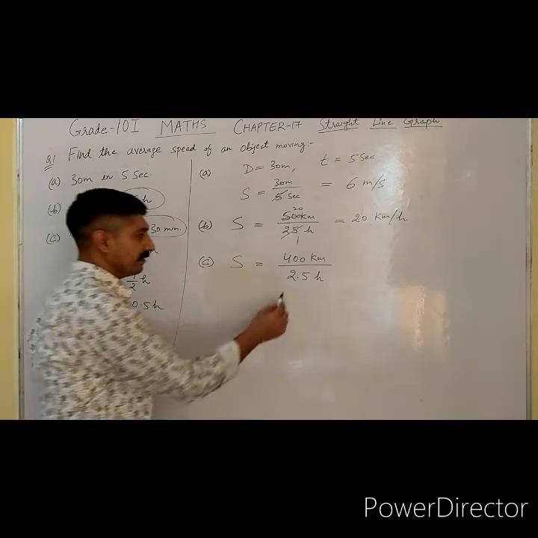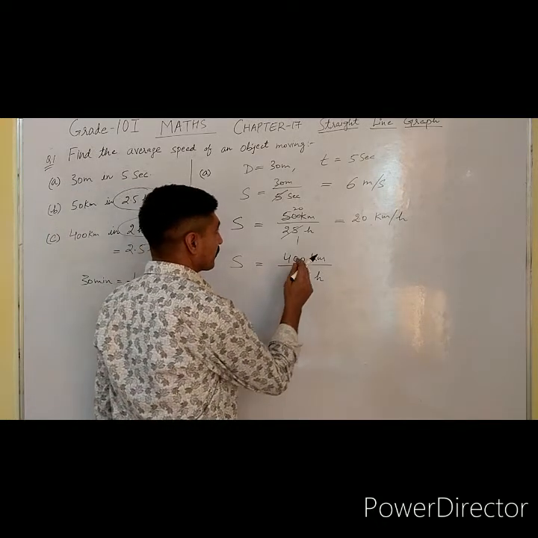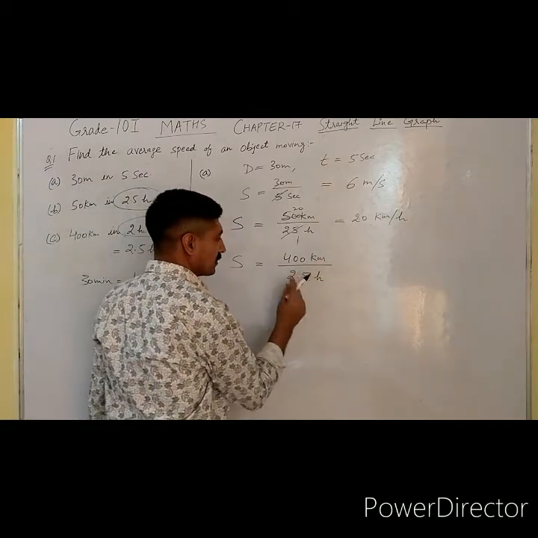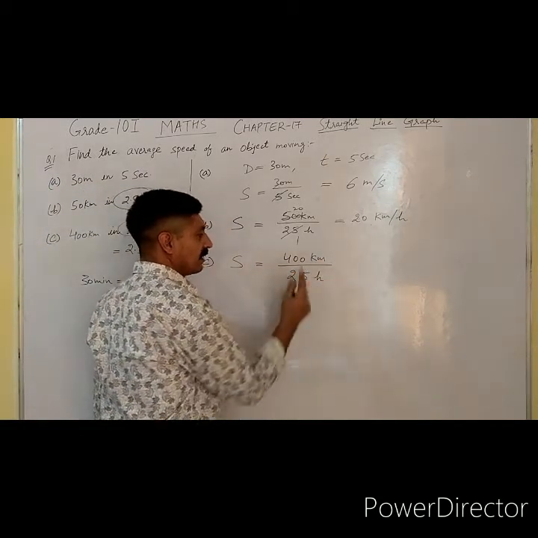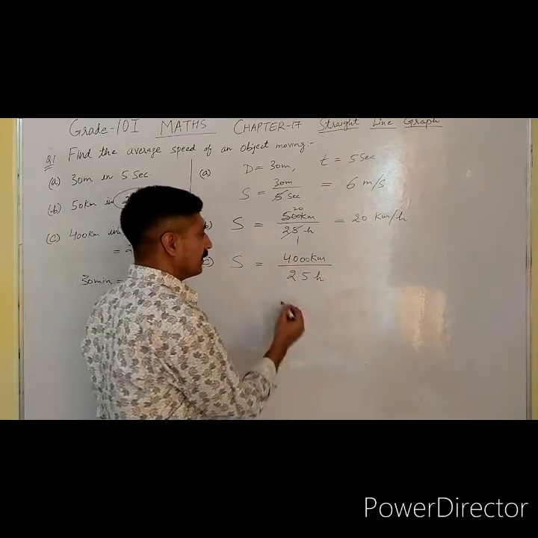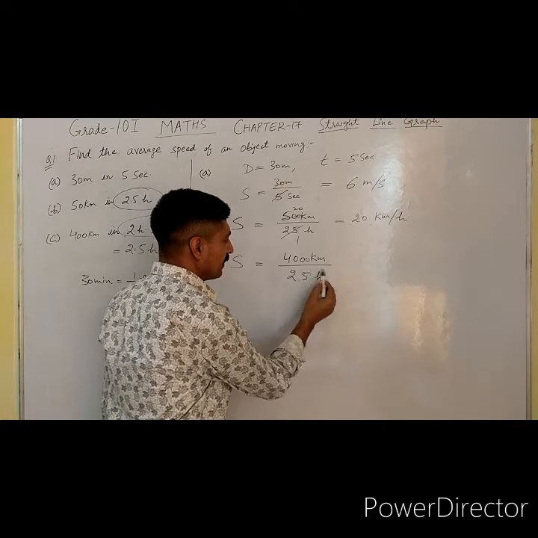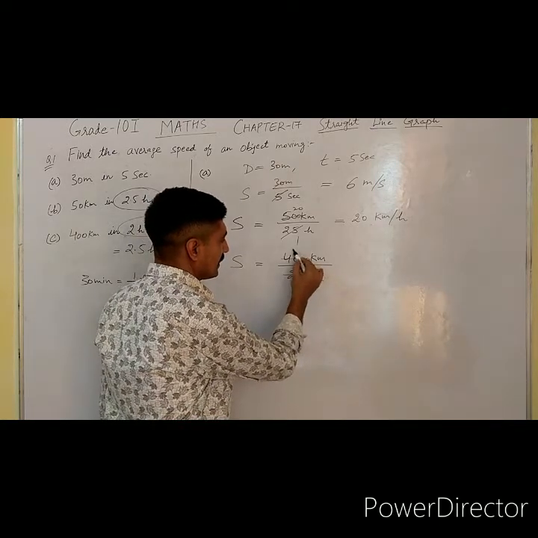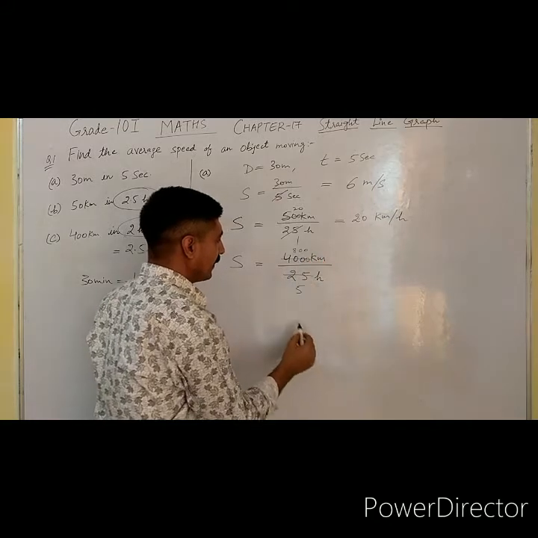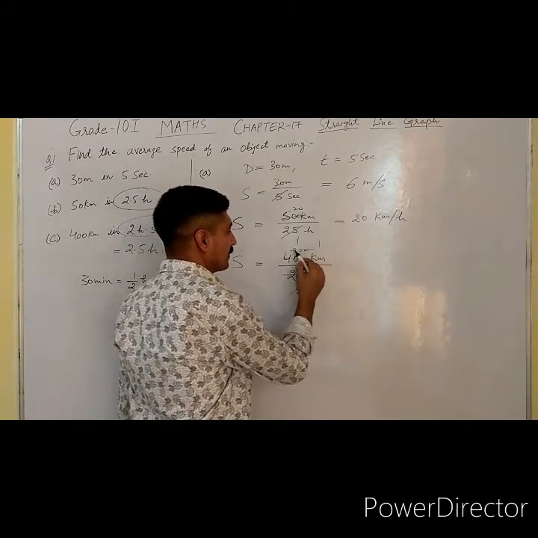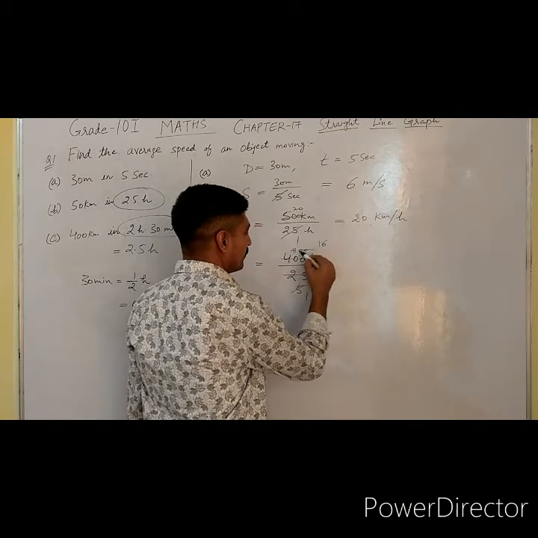When we remove the decimal, here we have one more 0, and when we go for the division with 5, this is 8 here, and again 5 ones are 5, 5 sixes are 30.